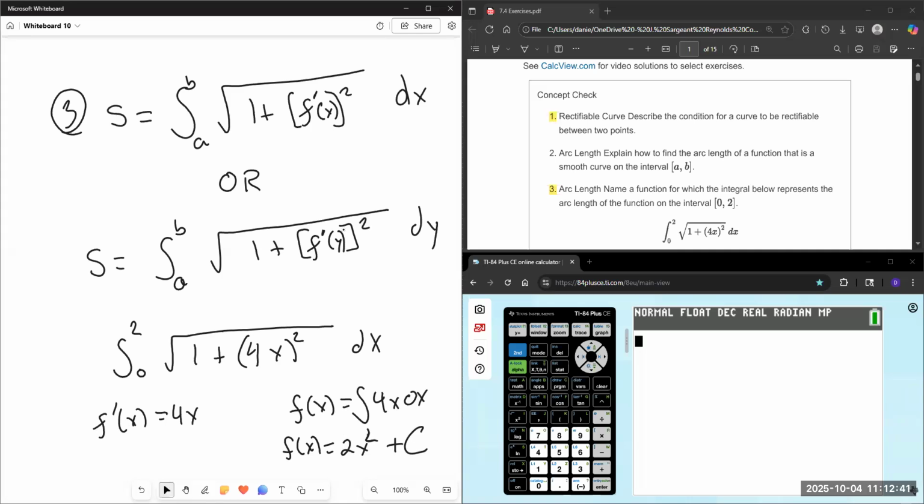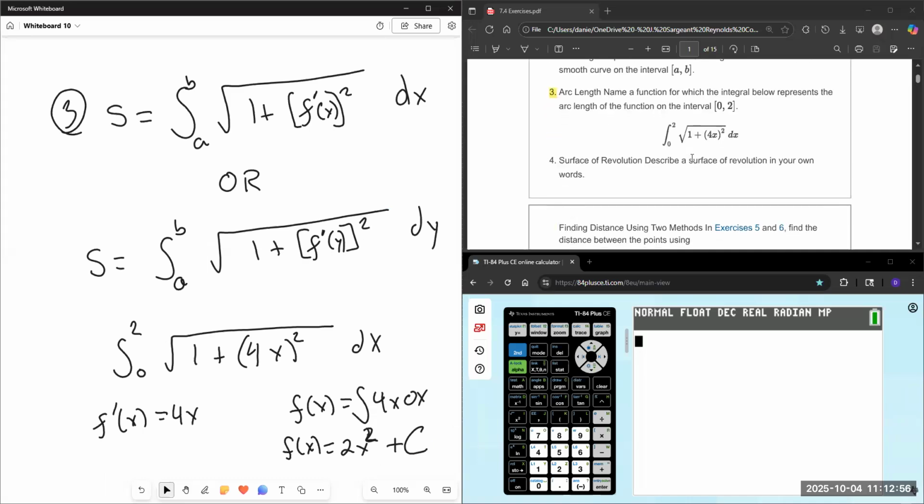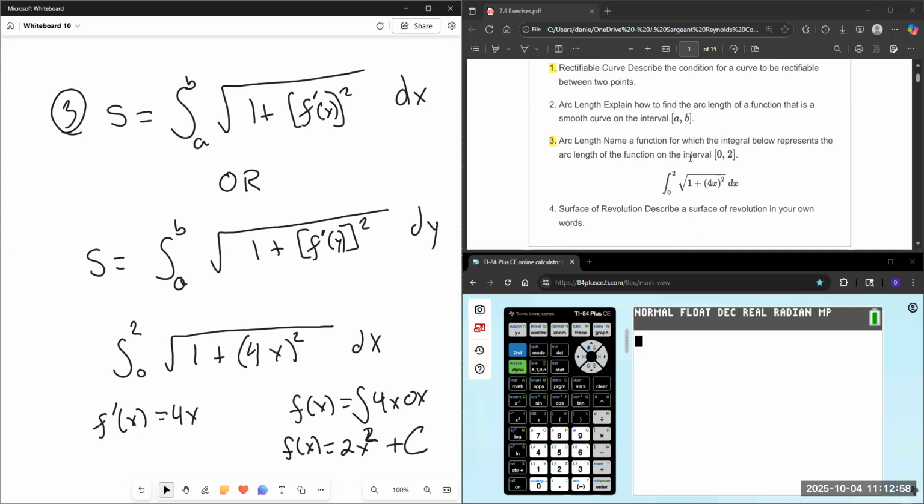The most elementary answer to what function f of x could have been here would be 2x squared, but really any answer that adds a constant to 2x squared would also work. It's that entire family of answers that's possible, as long as they are continuous and differentiable on the interval from 0 to 2, which they will all be because they're polynomials.